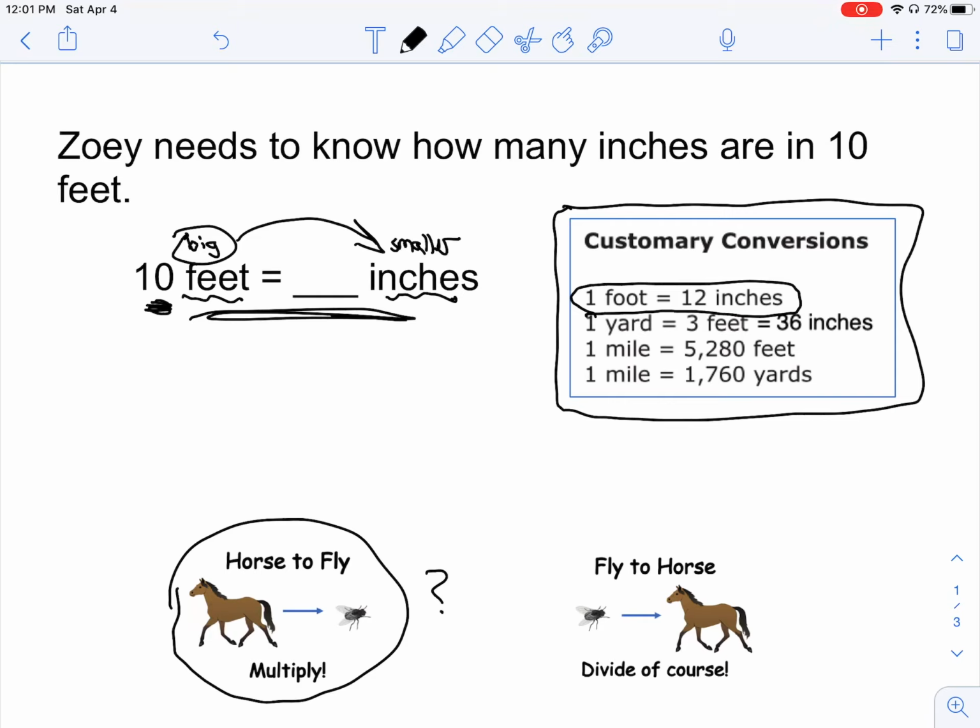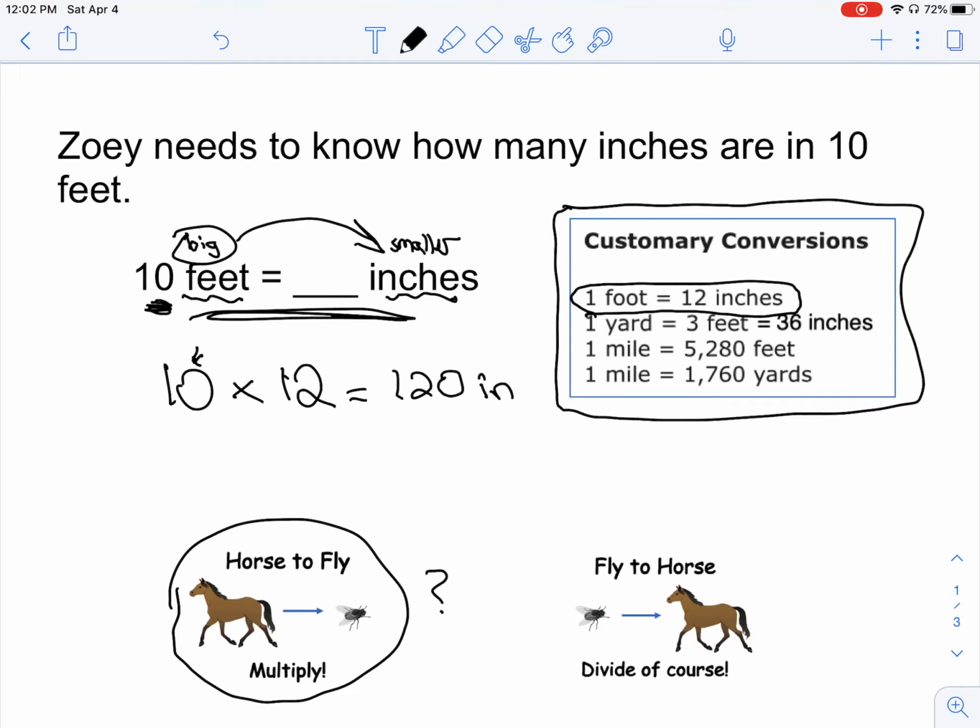I know I'm going to need to multiply, so I take my 10 feet, I multiply it by 12 to find out how many inches. 10 times 12, that's mental math. You have 1 0 here. 1 times 12 is 12, and then 1 0 gives you 120 inches.